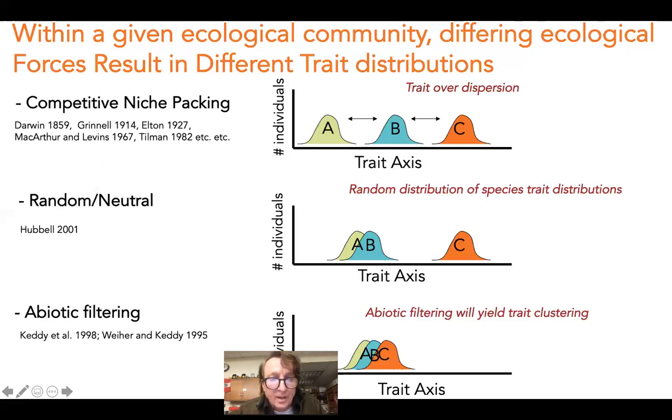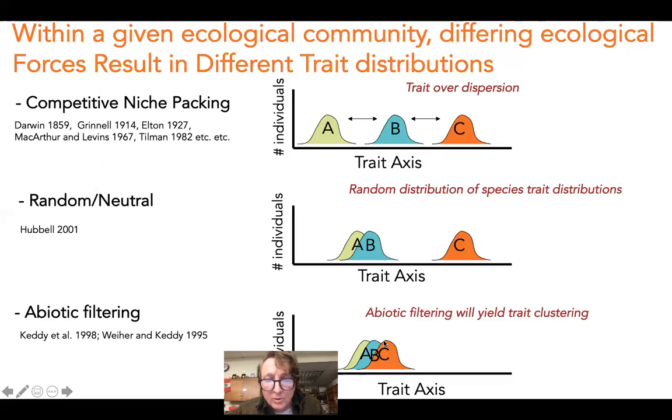Another pattern of trait dispersion is something known as abiotic filtering. Abiotic filtering is an interesting word. And so the abiotic environment, remember, deals with the environment that species or individuals interact with. And so this could be temperature, precipitation, soil pH, or something like that.